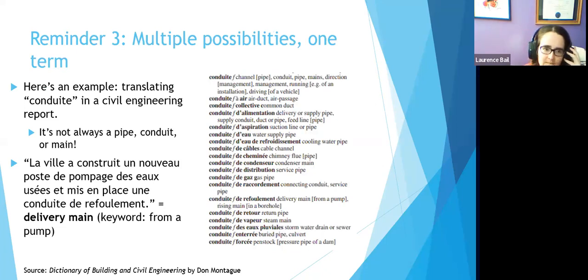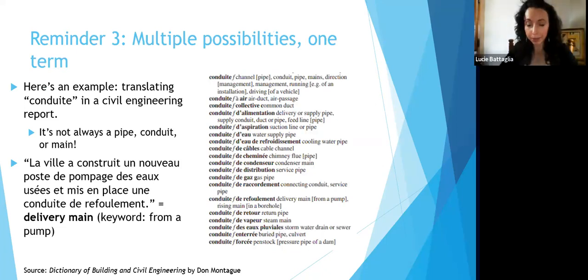Reminder number 3. Often you will have multiple possibilities for one term, even within the same field of study. Like conduite in a civil engineering report, or in any document related to a building, building plans, building inspections, etc. It's not always going to be a pipe or a conduit or a main, which might be a reflex.